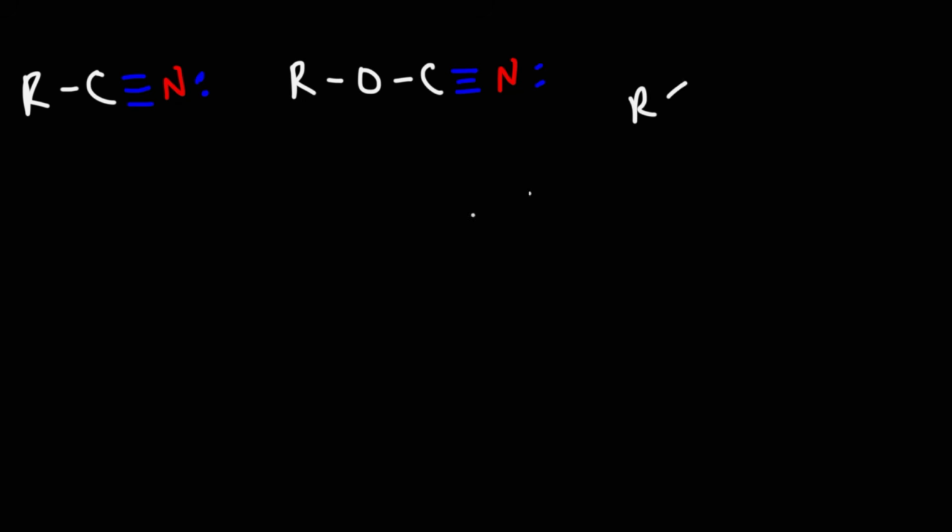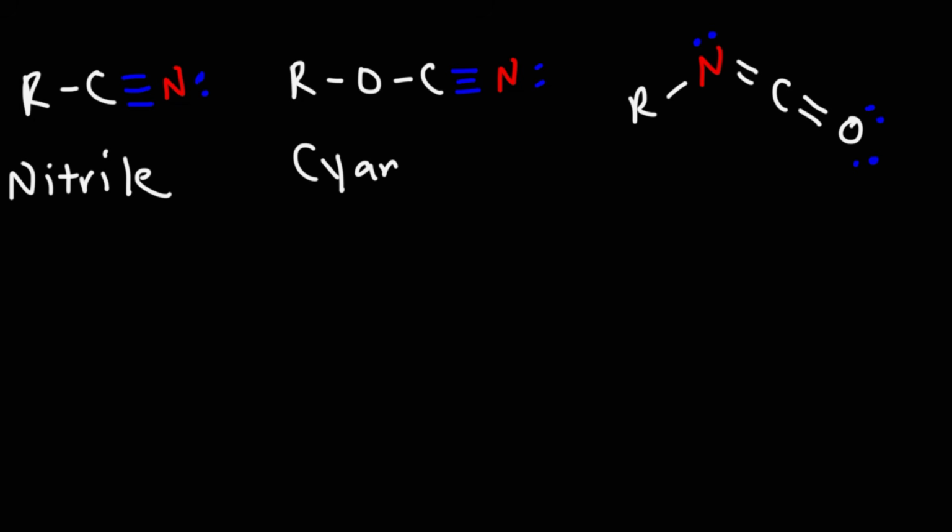Let me draw a little different. So on the left, this is known as nitrile. In the middle, this is the cyanate functional group. And on the right side, this is isocyanate, when we switch the nitrogen and the oxygen.